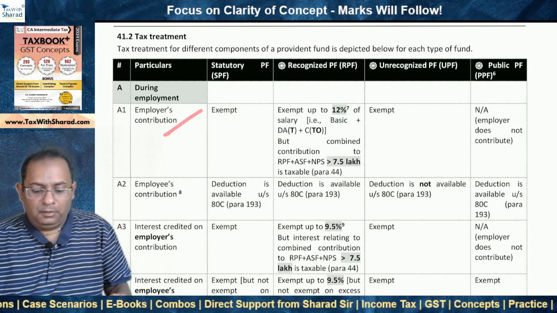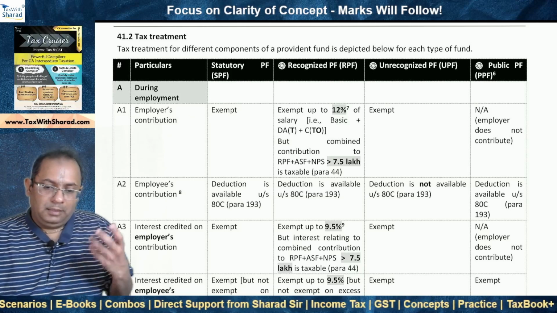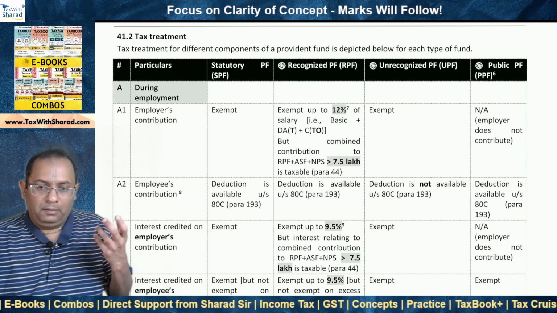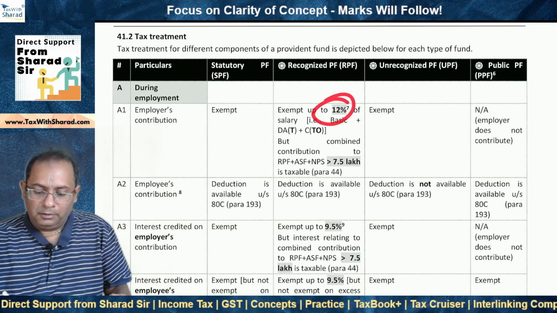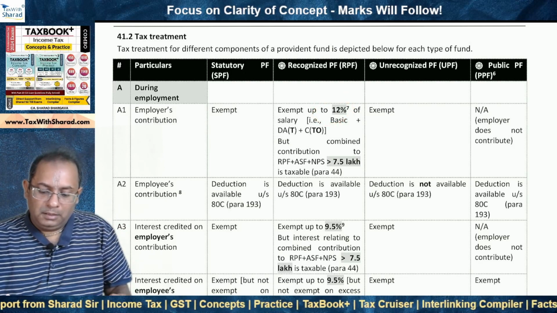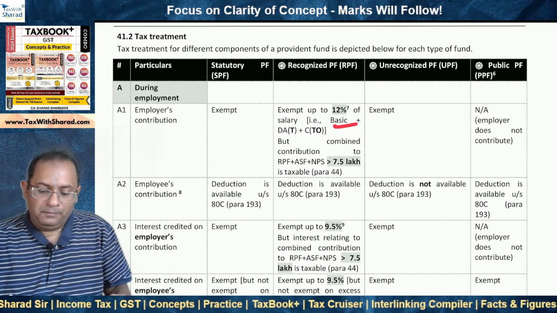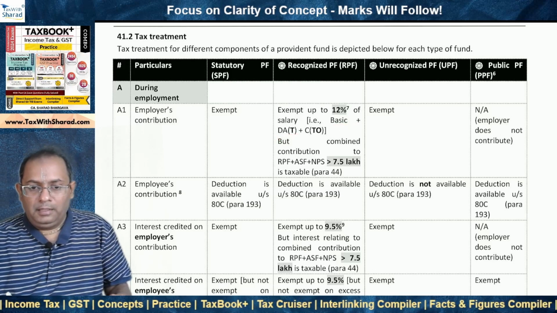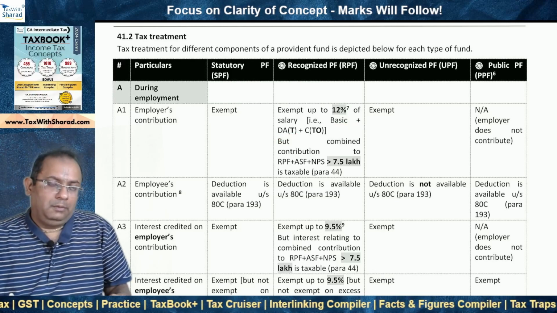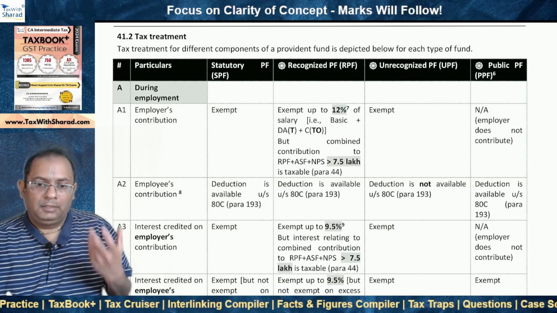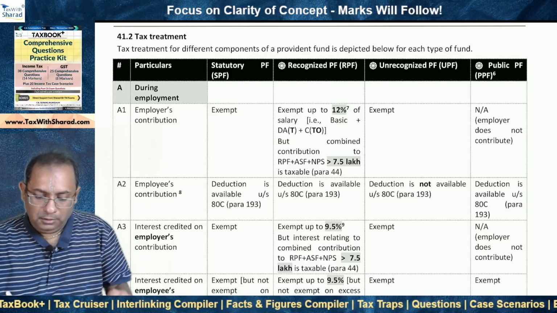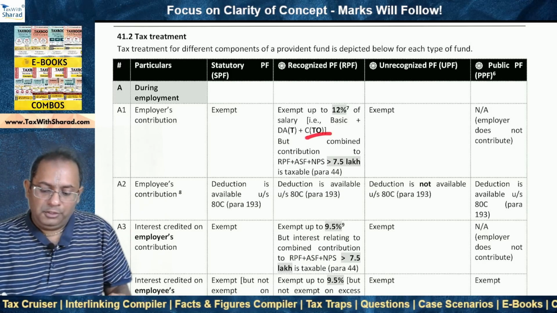Now, as far as employer's contribution is concerned, there is a limit up to which employer can make contribution which will remain exempt, and that is up to 12% of salary. And for this purpose, salary means what? It means basic plus DA. DA means dearness allowance where terms of employment so provide. That means where dearness allowance forms part of salary for computing retirement benefits as per the terms of employment. And then commission, CTO.